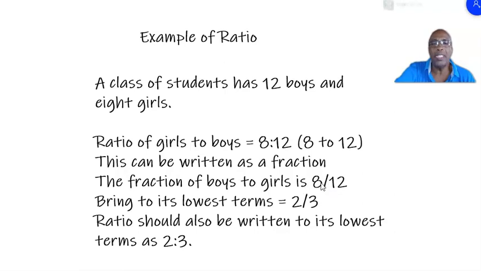And bring it to its lowest terms, the ratio would be 2 to 3 because 4 into 8 is 2, 4 into 12 is 3, as I said before. So the ratio of girls to boys is 2 to 3. And as a fraction, it will be 2/3. You have 2/3 the number of girls as boys in the class.